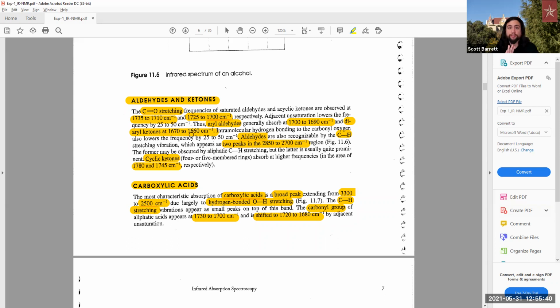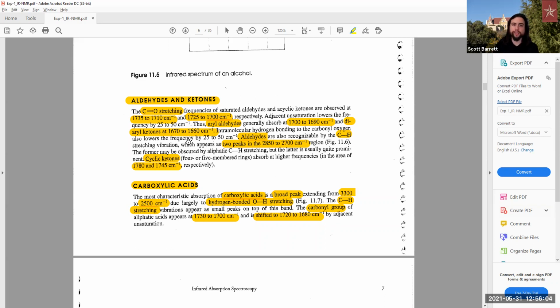So if you have an aryl aldehyde and instead you have an acyclic ketone, then you would see the aldehyde over here in the 1690 region, and the acyclic ketone would be above that in the 1700 to 1725 region. So they're very unique. Just make sure that you know the specifics for these carbonyls.